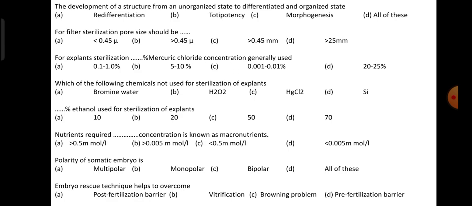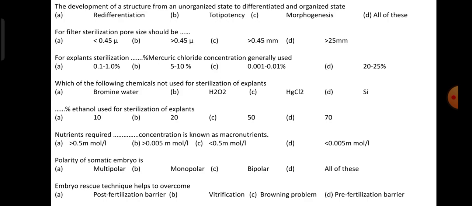The answer here is redifferentiation. But before knowing that, you should know the definitions of morphogenesis, differentiation, de-differentiation, redifferentiation. Totipotency is the ability of any tissue to become a complete plant. Morphogenesis means the ability to get into different morphology.